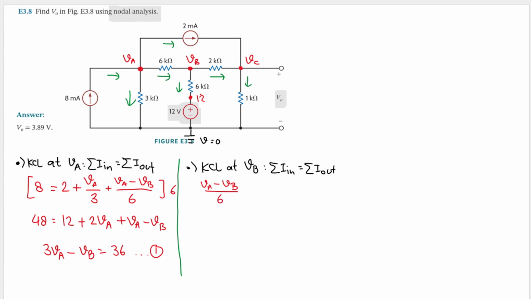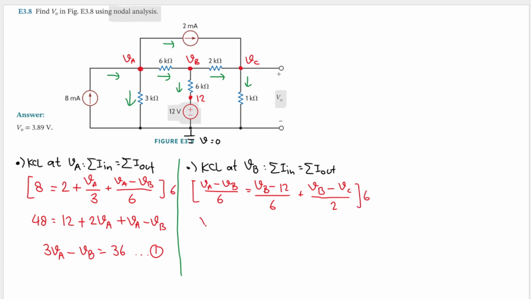And then this current is going out, so we will have VB minus 12 divided by the resistance between them, so VB minus 12 divided by 6. Good. And then plus VB minus VC divided by 2.